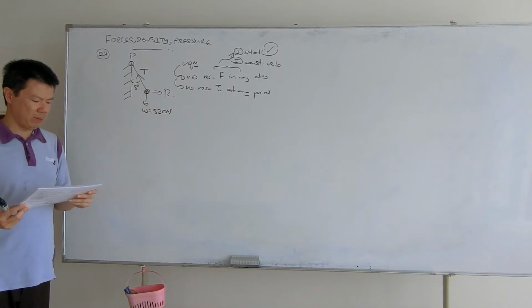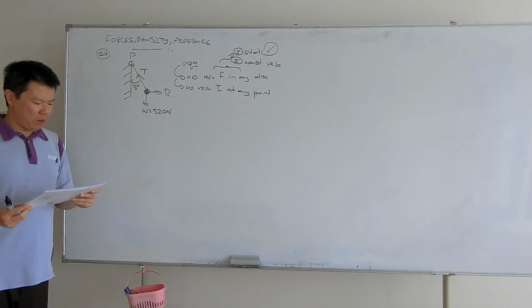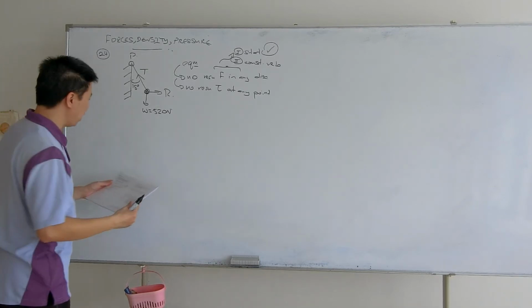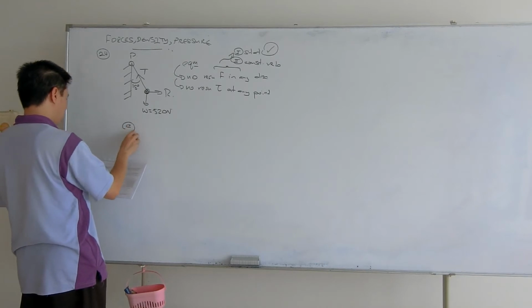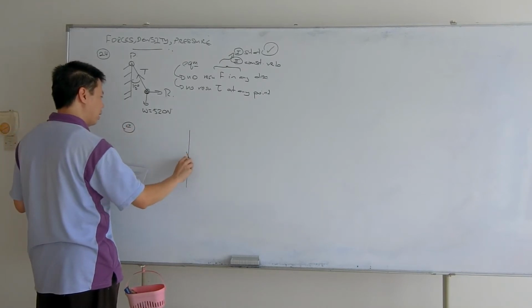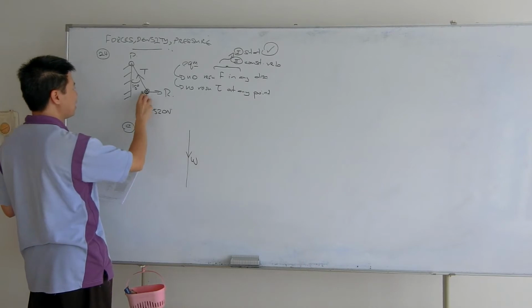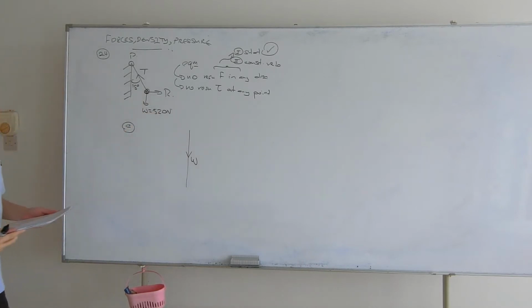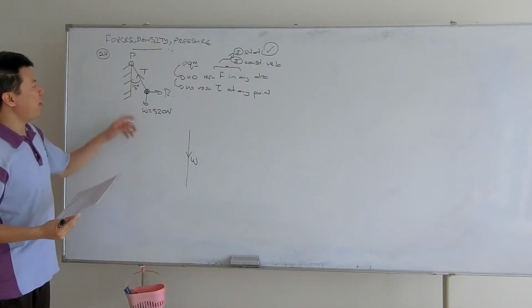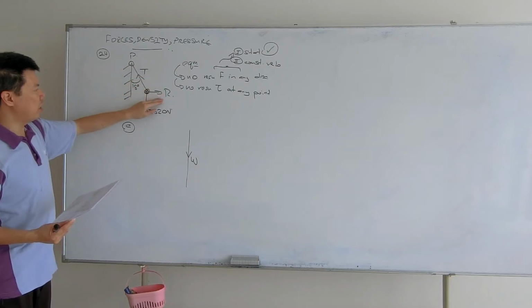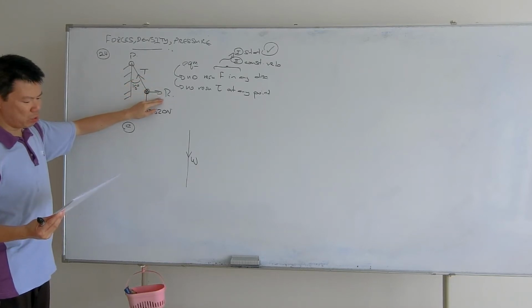A. On figure 24.2, by drawing a labeled vector triangle, represent the forces acting on the climber. So you have a weight. In this case, you have to realize weight is the largest force here, which is then balanced by the tension force and the R. So you just need to draw a labeled vector triangle.